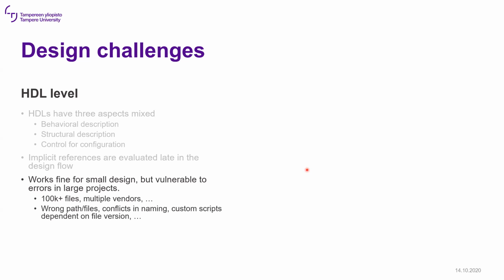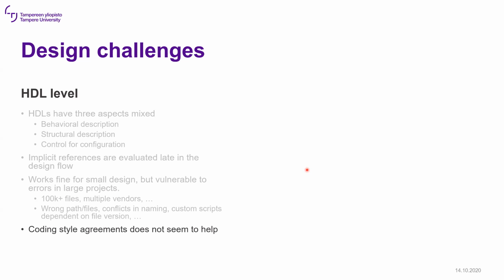And another problem there is that we very quickly may find ourselves having naming conflicts, and we're dependent on different tool or file versions. And what we found out is agreeing on coding style and means of working doesn't seem to help.